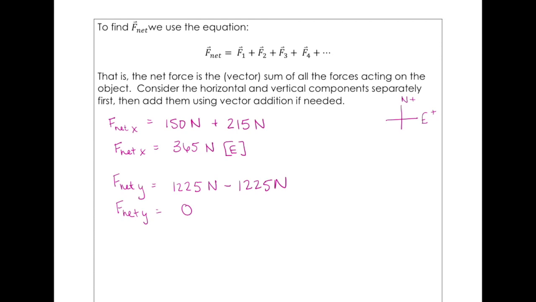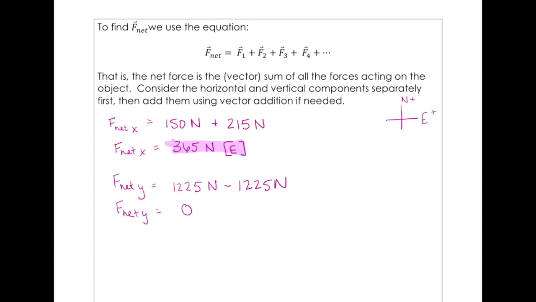Since the vertical components cancel each other out, we can just ignore them. So our net force is going to be 365 newtons east.